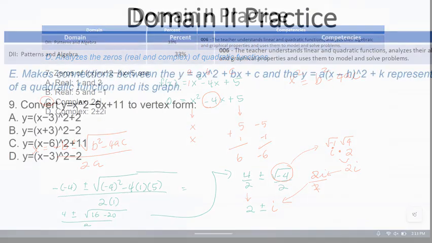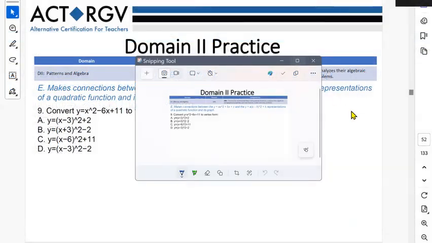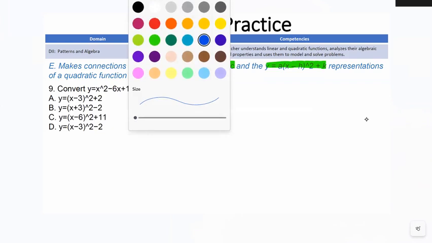Here we go. Question number 9. Make a connection between y equals ax squared plus bx plus c and y equals a(x minus h) squared plus k. Okay, so this is vertex form.